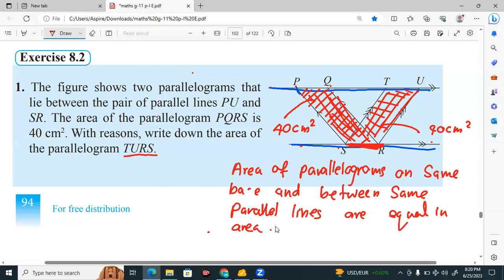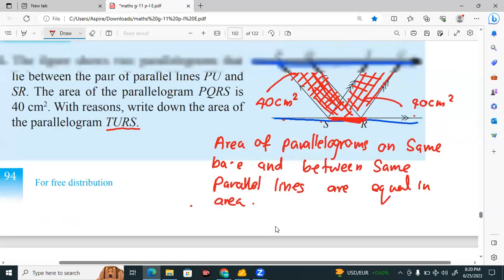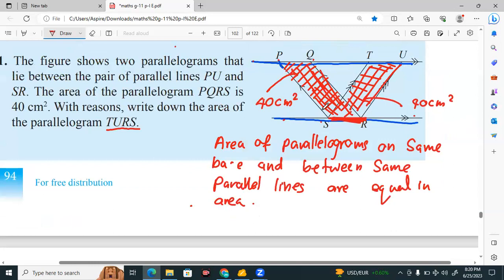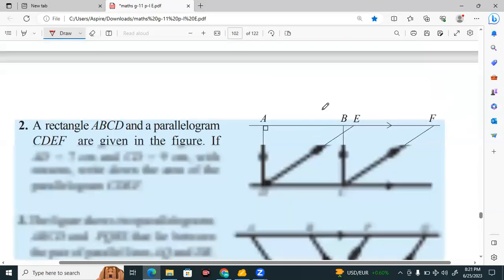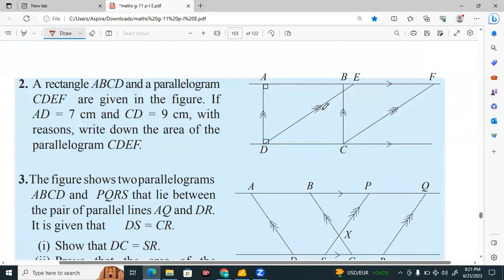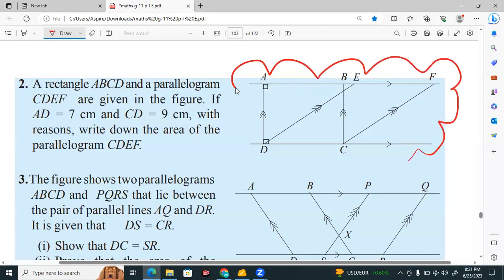So the areas are equal. This can be asked as a short question in the exam. Okay. Draw the diagram of the second question and try to obtain the answer.